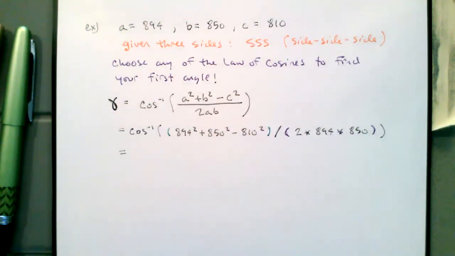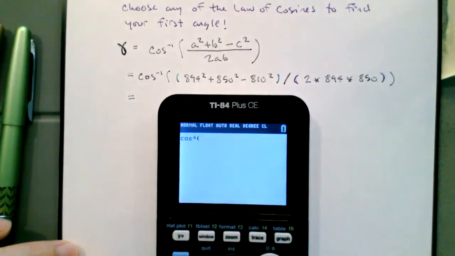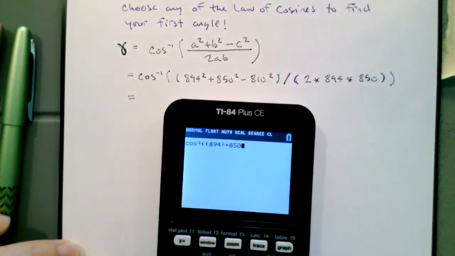Now I can take this to the calculating machine. Second cosine for cosine inverse. Open the numerator, do 894 squared plus 850 squared minus 810 squared. Close the numerator, divide, open the denominator, 2 times 894 times 850.